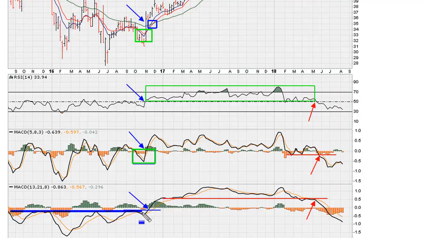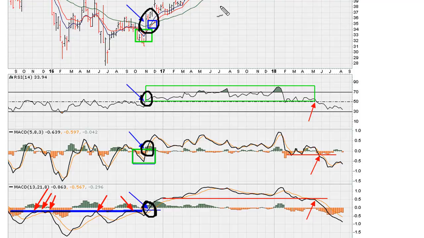Notice the MACD fails to move higher, fails here around this level, fails again here, but ultimately we move above this zero level of the MACD, which is a change in the momentum, coinciding with the MACD moving above zero, coinciding with RSI above 50, coinciding with price moving above, and eventually leading to the crossover between the moving averages.